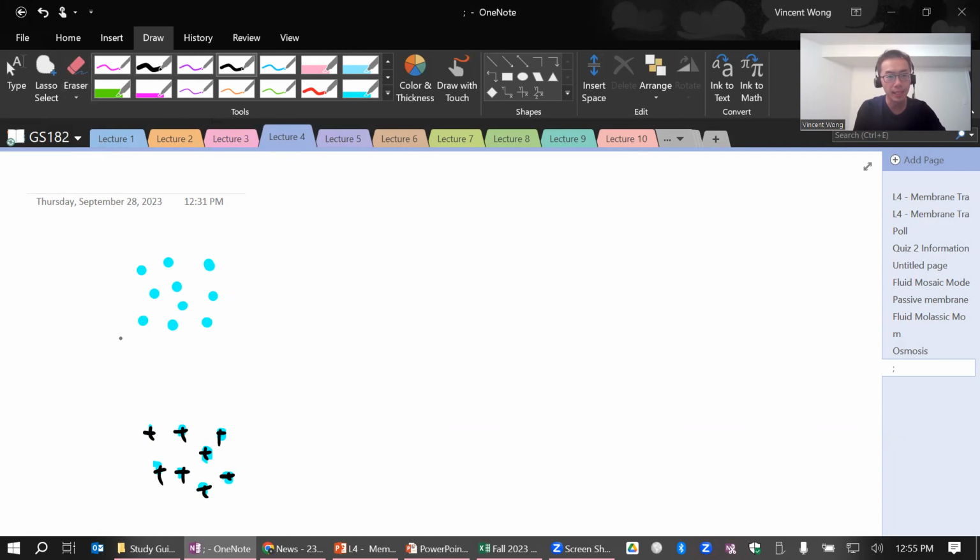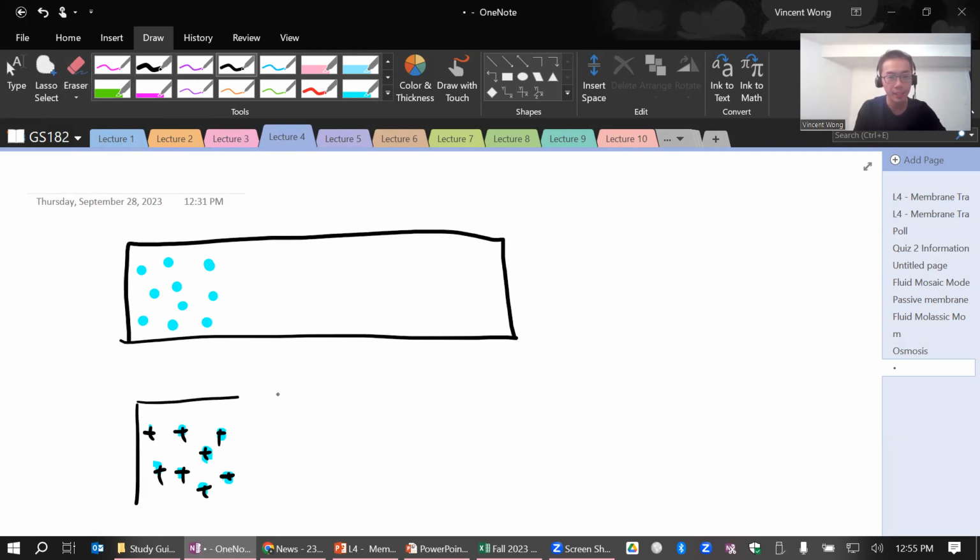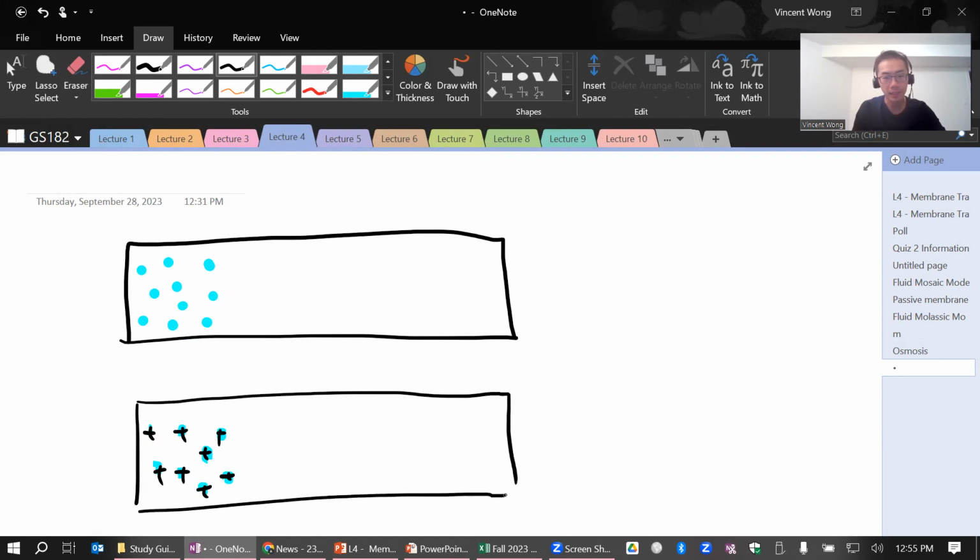All right, so let's say here is one chamber, and then here's the other one. Now, based on what I told you, both of them are gonna move to the right, from high concentration to low concentration, right? But which one will move faster? The top or the bottom?